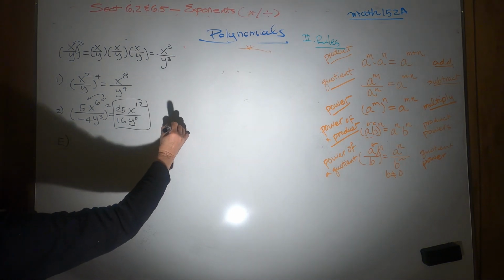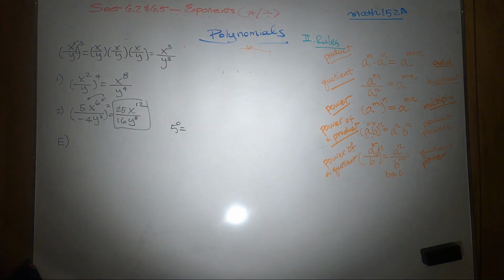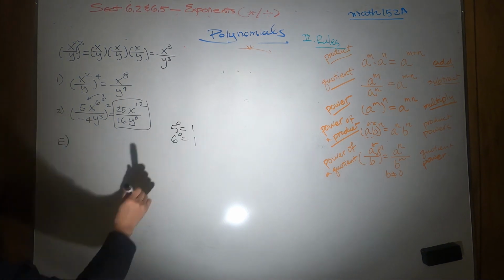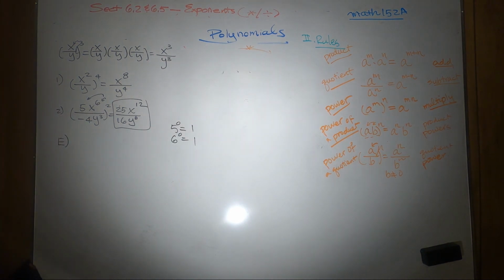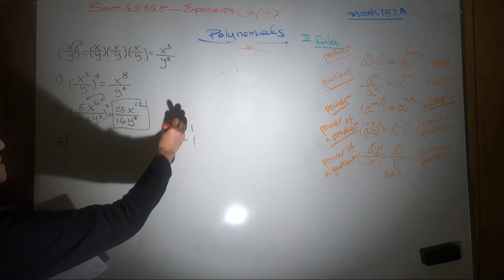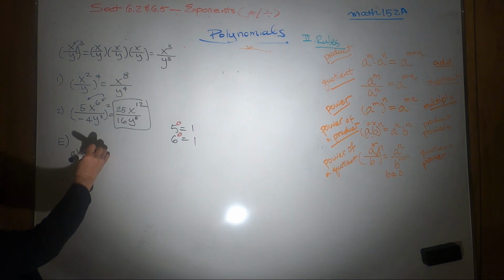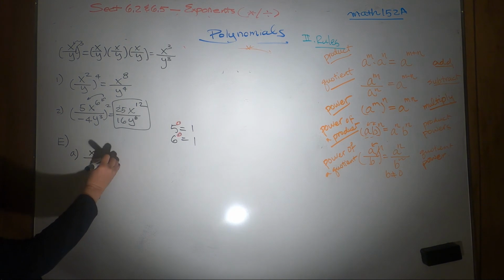We say 5 to the 0 power in your arithmetic class, it's 1. 6 to the 0 power, anything to the 0 power is 1. Okay? So we are talking about what? 0 exponent. Okay? Let's observe how it works. So if I have x squared divided by x squared, what do you think?